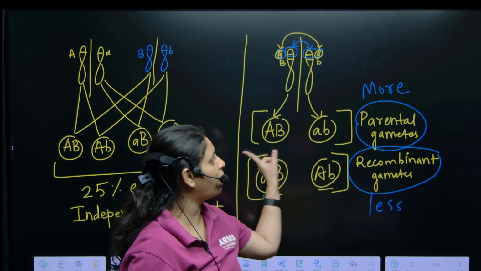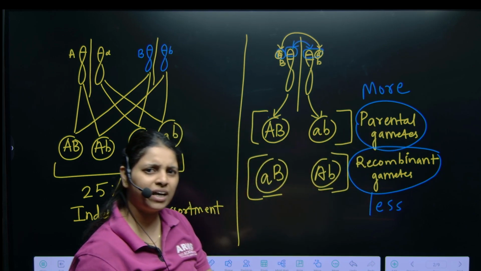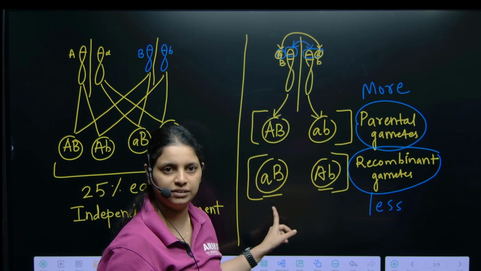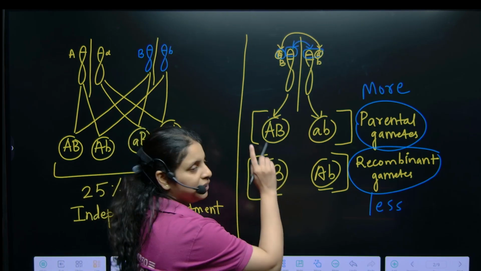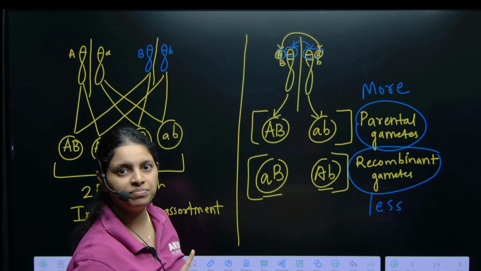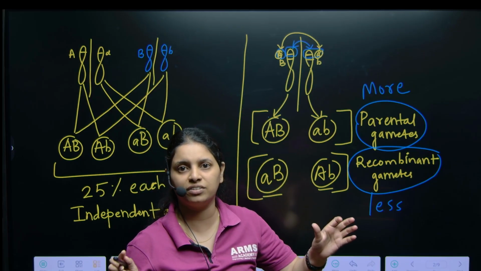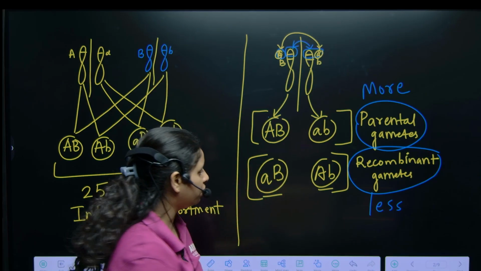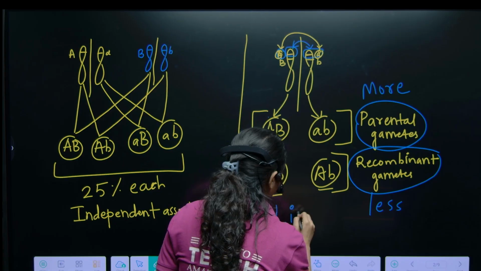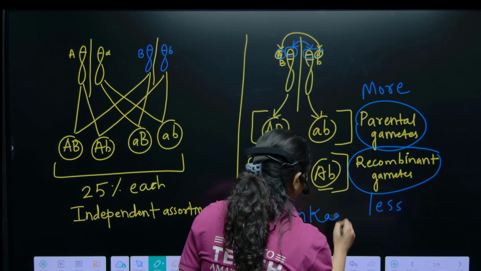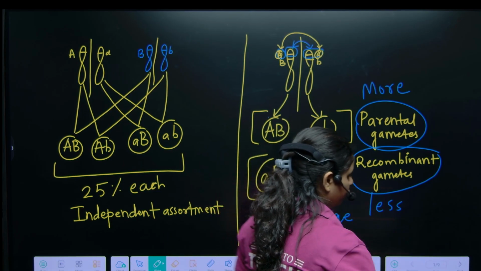There are more number of gametes of these types. And sometimes rarely when crossing over occurs, you get this. And that is why we say that there is linkage. The capital A and capital B, they try to stay together because they are on the same DNA thread. They are on the same chromosome. Here comes the concept of linkage. And we define linkage using this only, right?